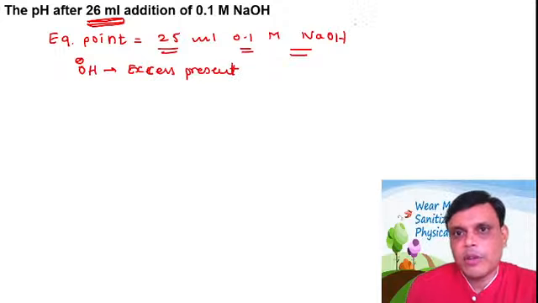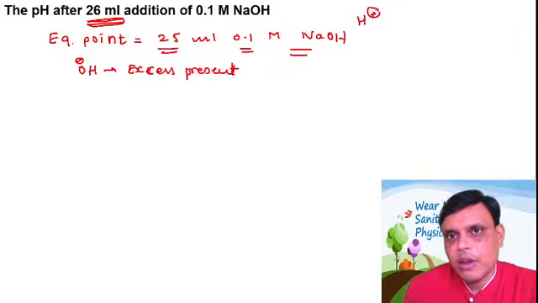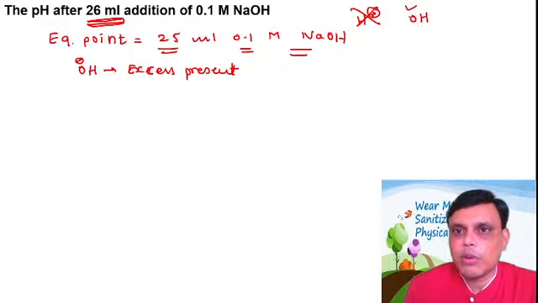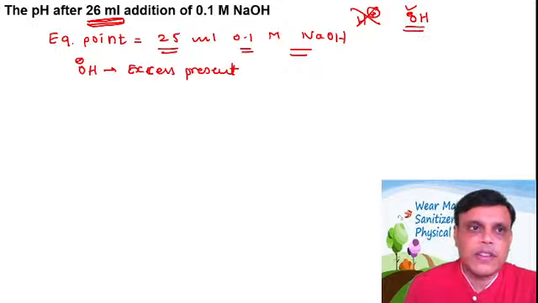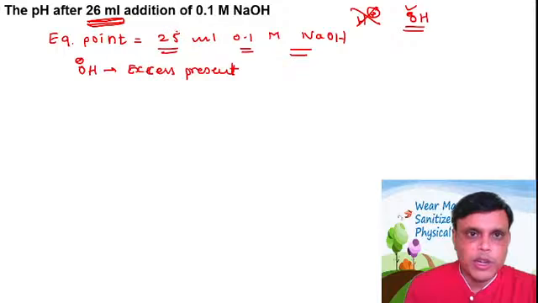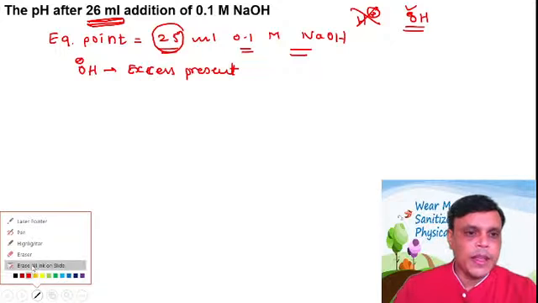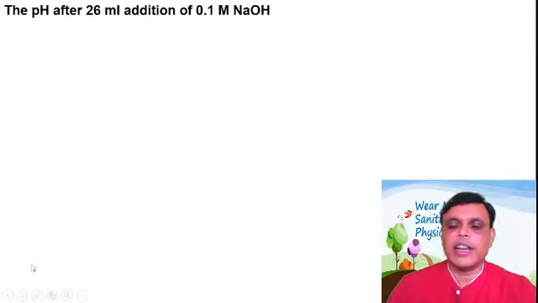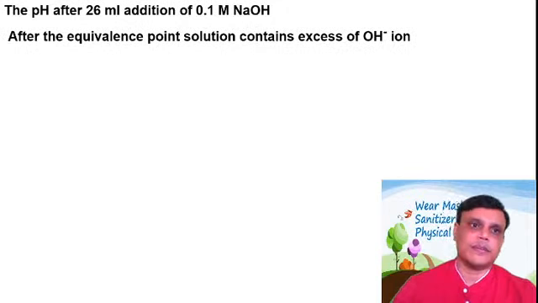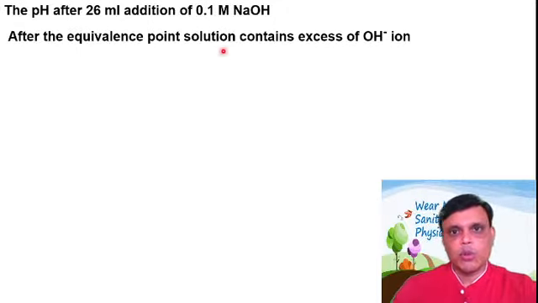Because H plus ions got neutralized by OH minus ions, and your solution will contain only OH minus ions after the equivalence point. 26 ml means it is after the equivalence point. Equivalence point you will get at 25 ml. Okay, understood this? So after the equivalence point, the solution contains excess of OH minus ion.